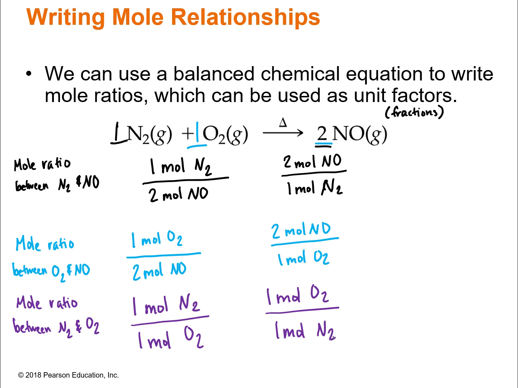Now it's really important to keep the unit straight here and write moles of whichever compound, because we're eventually going to be using these to do calculations. So let's do a bit more practice with writing mole ratios.